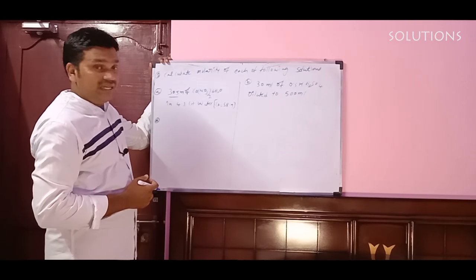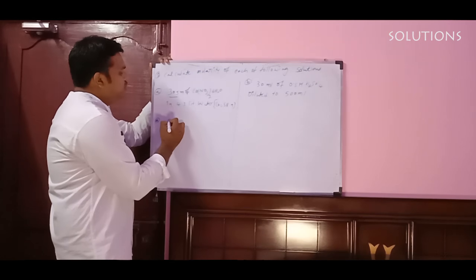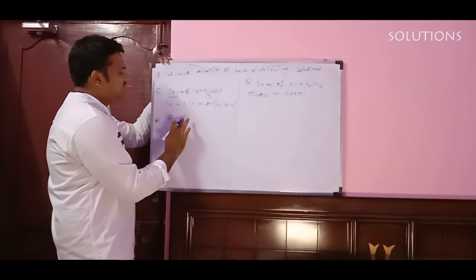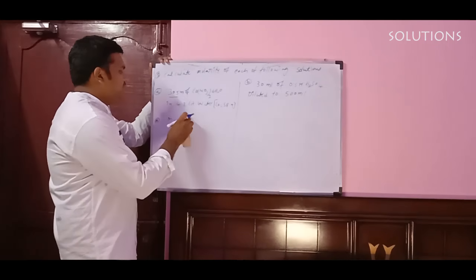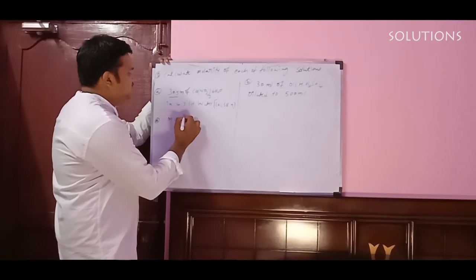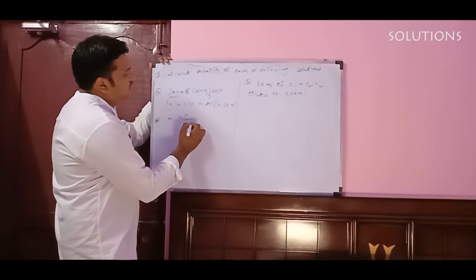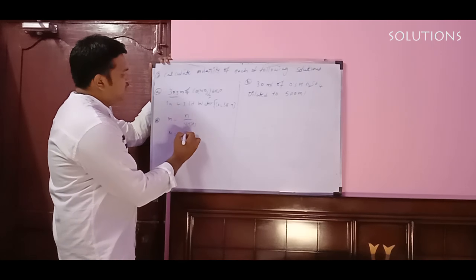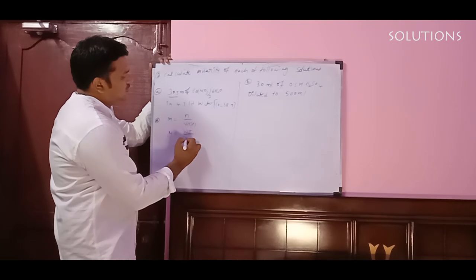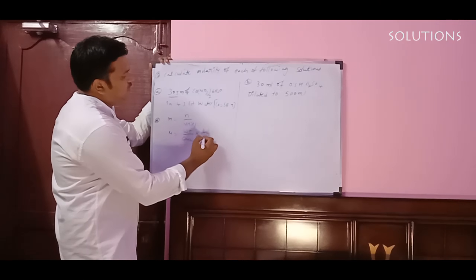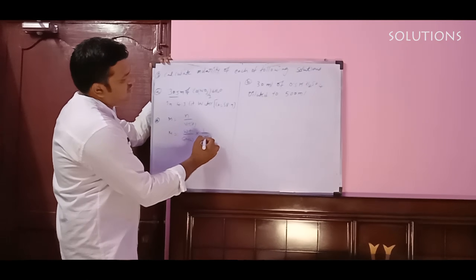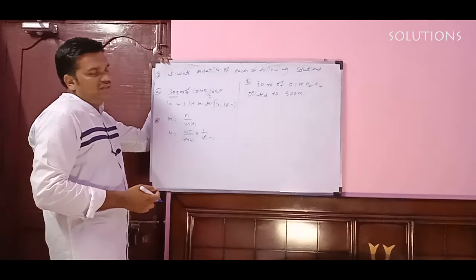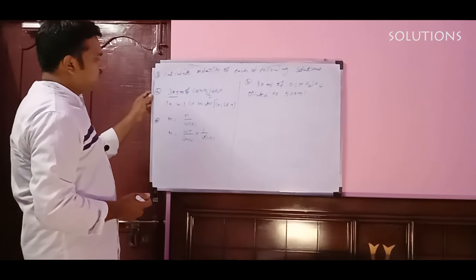So we can use this formula: molarity M is equal to n by V in liters, where n is weight by gram molecular weight. Here there is no need to convert into ml because the value is already given in liters.